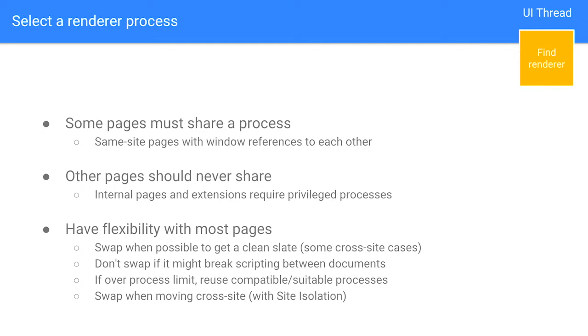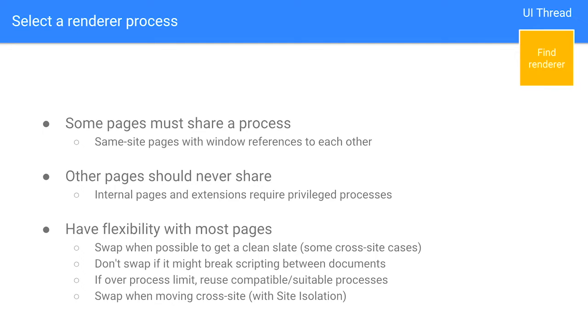We try to get a new process if we can. Starting with a new process gives you a clean slate. You don't have memory fragmentation, you don't have contention, so it is much nicer to start executing in a new blank address space. However, we avoid swapping if scripting, as I mentioned, would be broken. Therefore, we try to keep it in the same place. And Chrome has a process limit that we impose on ourselves.